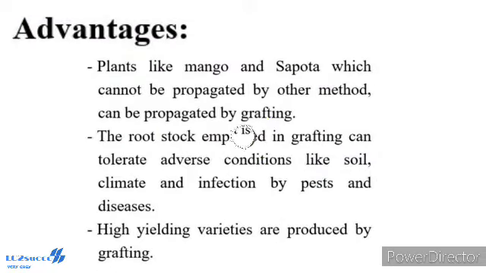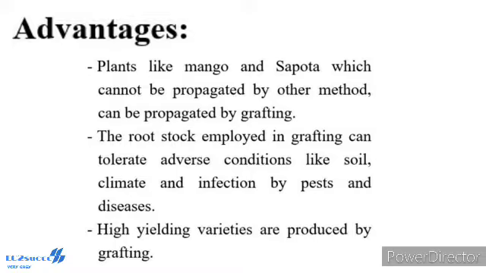So the advantages of grafting: plants like mango and sapota, which cannot be propagated by other methods, can be propagated by grafting. The rootstock employed in grafting can tolerate adverse conditions like soil, climate, and infection by pests and diseases.